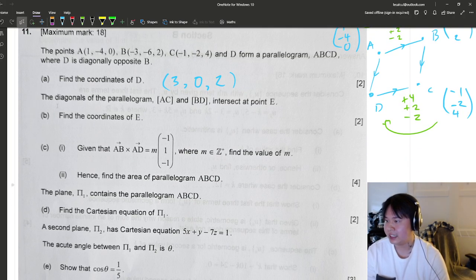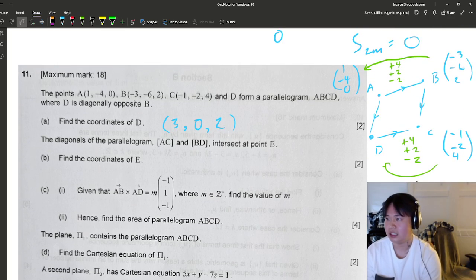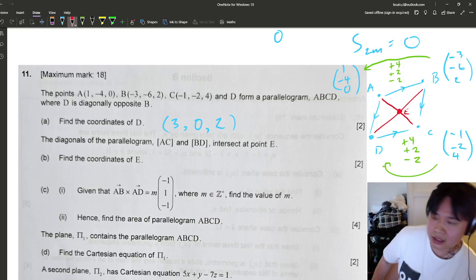Okay, the diagonals of the parallelogram ACBD intersect at point E. Find the coordinates of E. Okay, so A, B, C, D. E. Okay, you can do the long way.